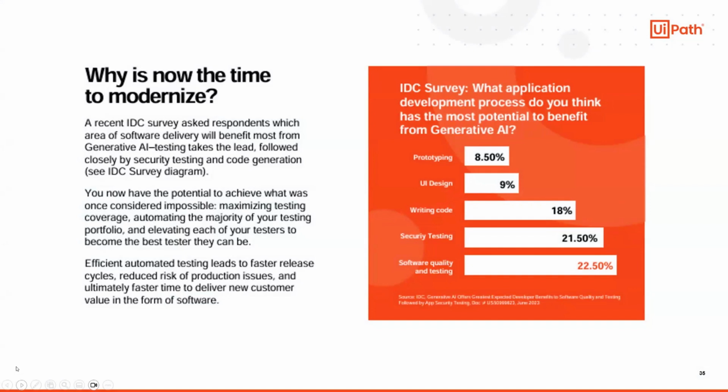In fact, a recent survey from the IDC, polling different professionals within the software delivery landscape, shows the majority of folks are seeing the impact of this happening within testing. And we'll talk about that, but you can imagine why, as we've already started to make some inroads with automation in terms of testing. Much more is possible now that we incorporate these LLMs and the ability of leveraging agents.